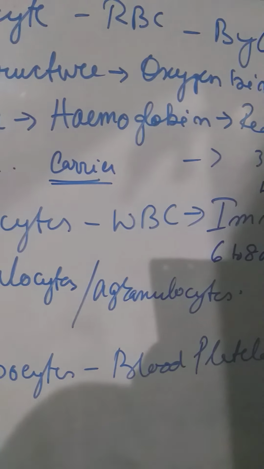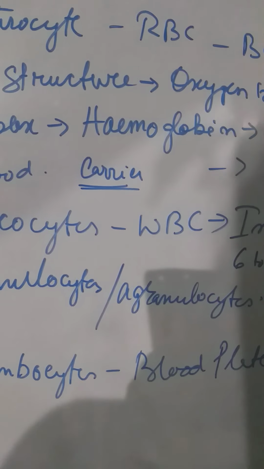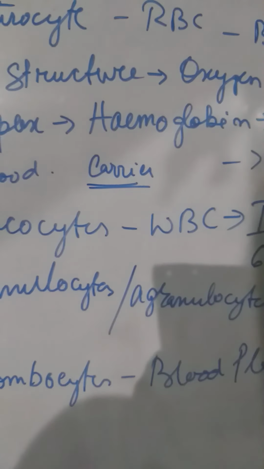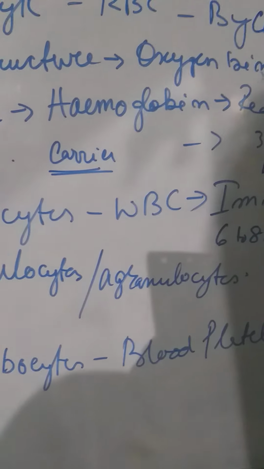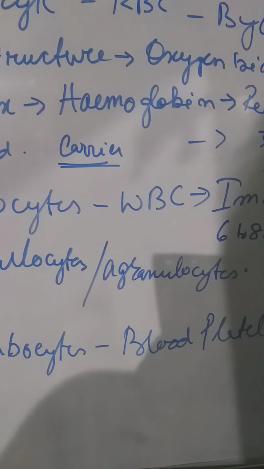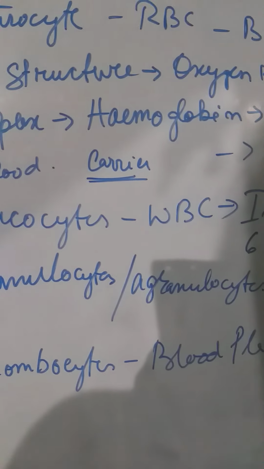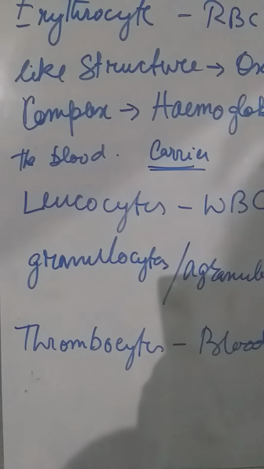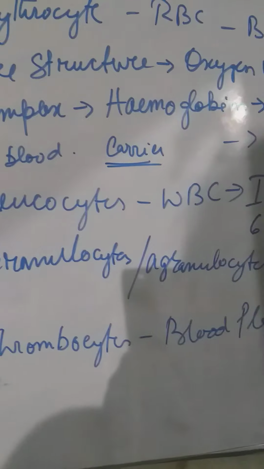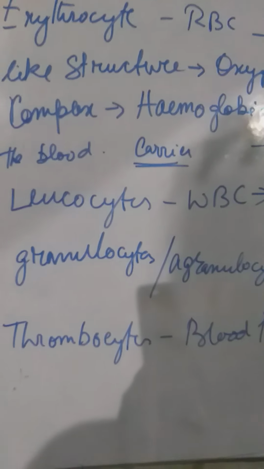For example, eosinophil is one type of cell in leukocytes. If a person is suffering from cough and cold and the blood has a large number of eosinophils, the person would be prone to cough and cold.